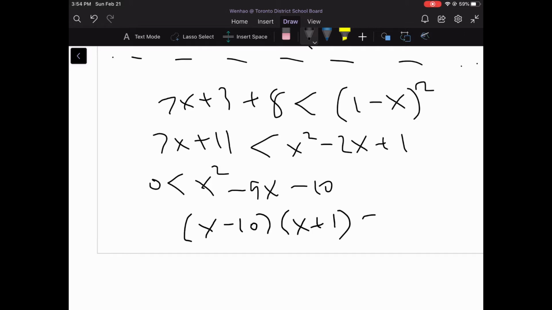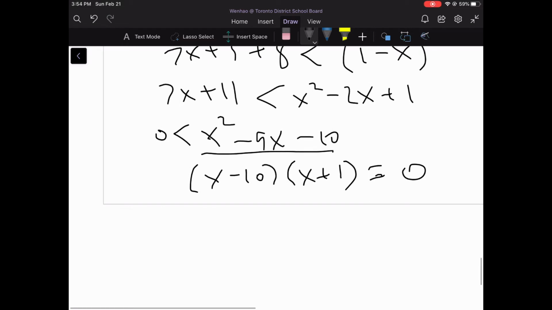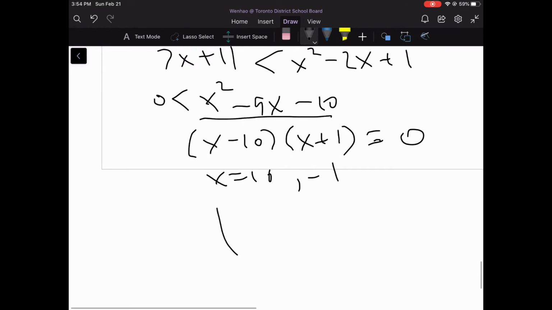We solve this for equal to 0, and then we do interval tests to see when the quadratic is greater than 0. So the function is 0 at x equal to 10 and x equal to negative 1. Since this is a quadratic, we don't actually need to do an interval test, because the leading coefficient is positive, so it opens upwards like this.